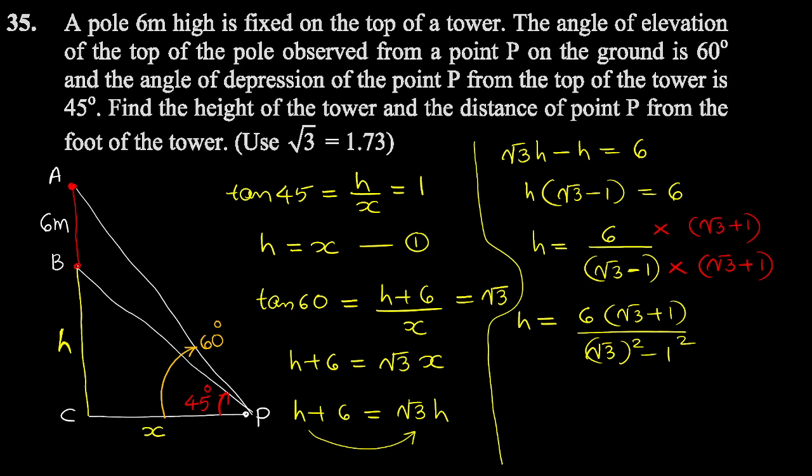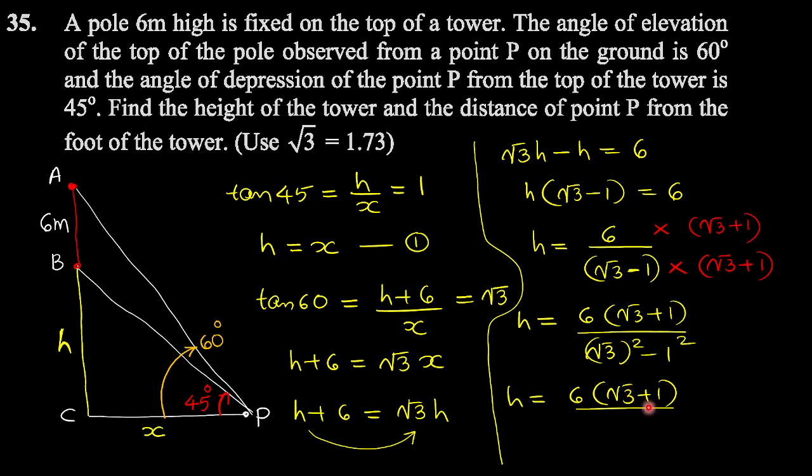Correct? Okay, understood? 6 into root 3 plus 1 divided by the denominator, 3 minus 1.